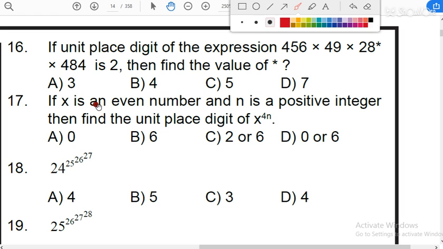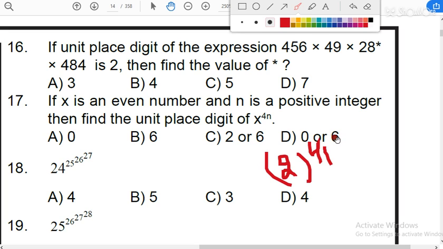After solving question number 17, then I will move to the answer. Okay, if x is an even number and n is a positive integer, then find the unit place of x raised to the power 4n. So students, let's assume x as an even number, so an even number can be 2, so I am taking 2 here, so 2 raised to the power 4n.